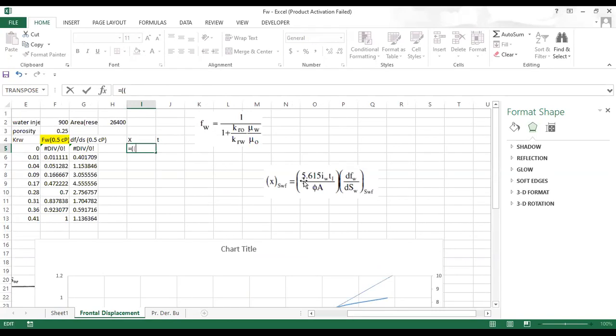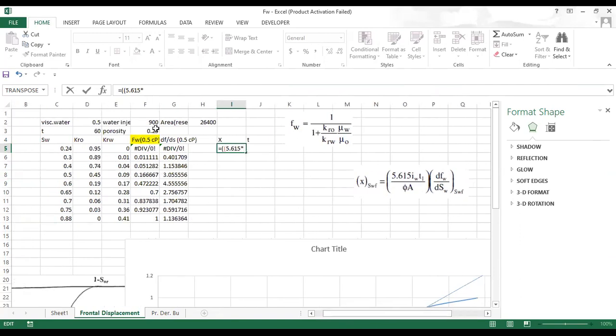In this formula, the numerator is 5.615 into IW. IW is water injection. So here the value is 900 barrels into T1, that is 60 days, into dFW by dSW.